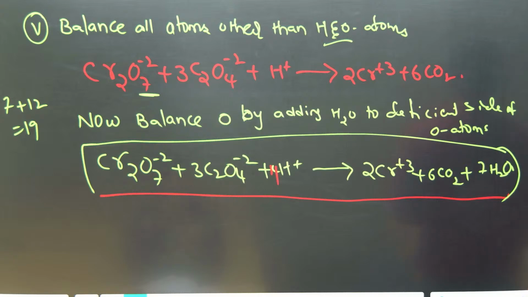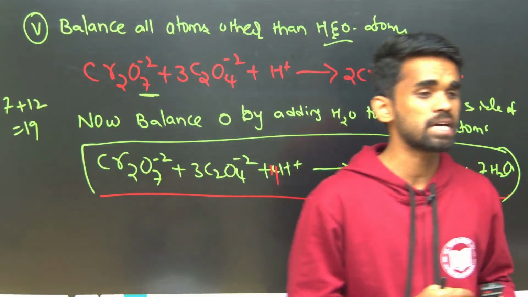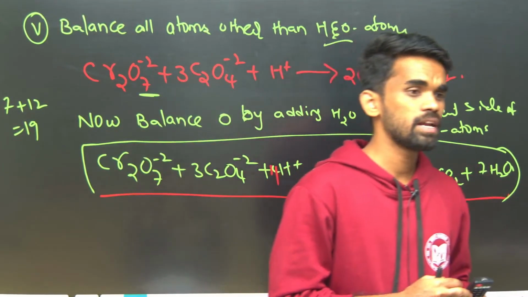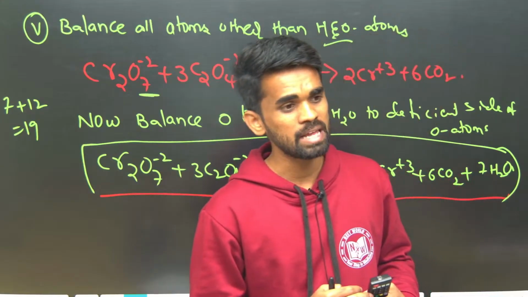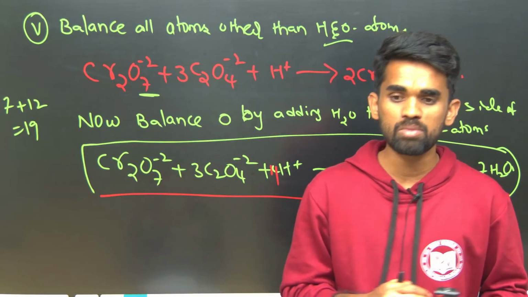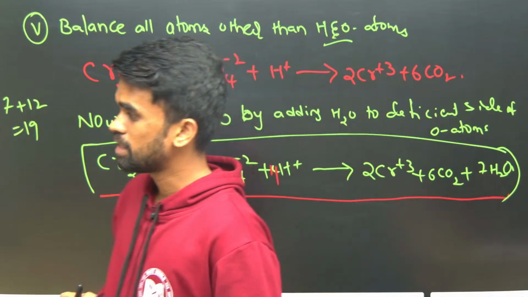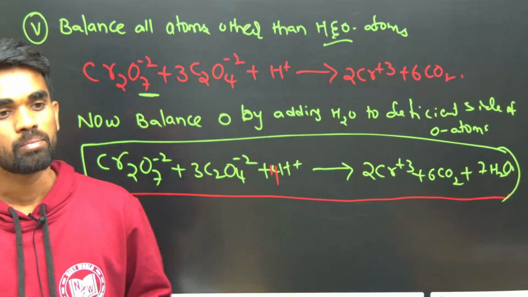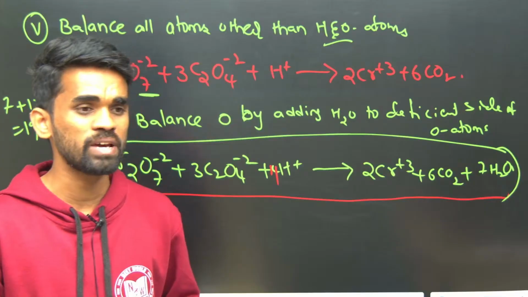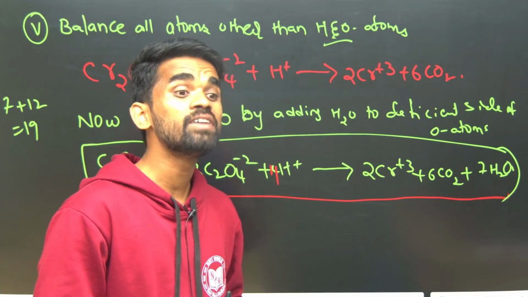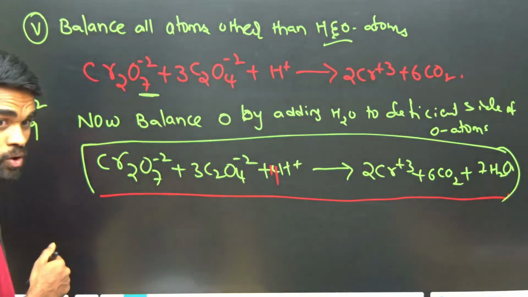Next, find the number of electrons lost and gained. Equalize those by multiplying with a suitable integer. Then balance all atoms other than oxygen and hydrogen. Then balance oxygens by adding water molecules wherever deficient. Then balance hydrogens by adding protons wherever deficient. Okay, now you can do this question.